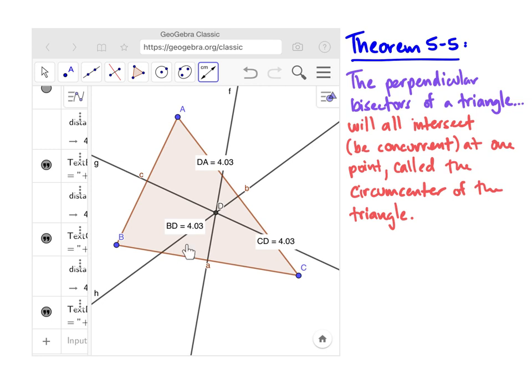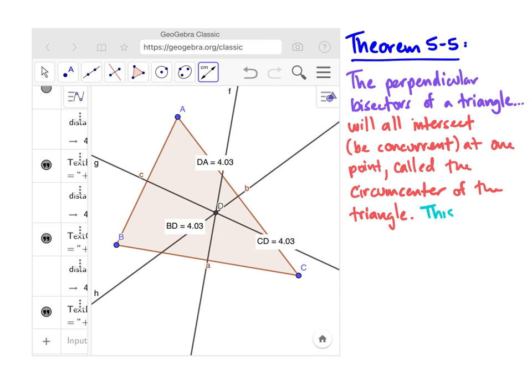Interesting. What does that tell us? It tells us that this point, the circumcenter of our triangle, is the same distance away from B as it is from C as it is from A. Another way to say that is that the circumcenter will be equidistant from all 3 vertices of the triangle. And that's the second important part that we're going to add to this theorem.